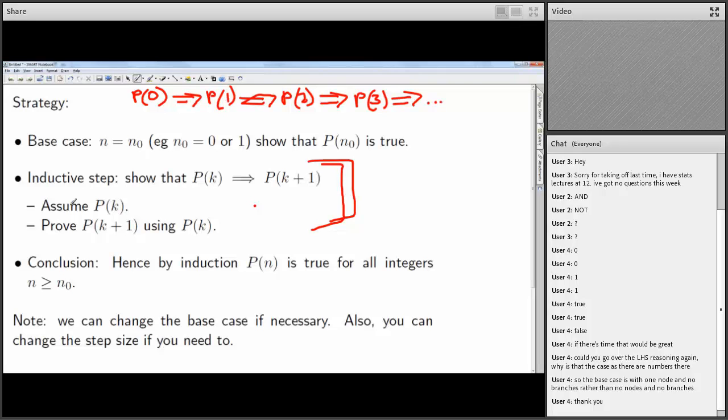Then, using that assumption, prove it's true for the next one along, k plus 1. Often, as you can see, using left-hand side and right-hand side. And once you've done that, just put a little conclusion at the end to show that you understand that it's finished, and if someone else was reading it, they know that it's finished too. So that's the basic strategy.